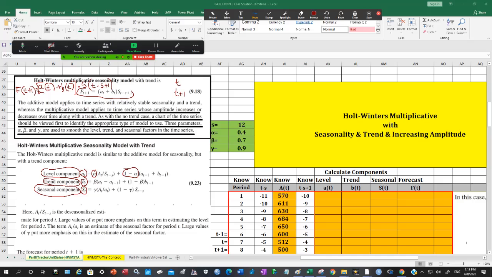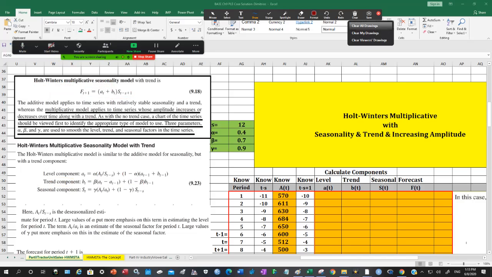We use beta for B of T, and we use gamma for S of T, okay?